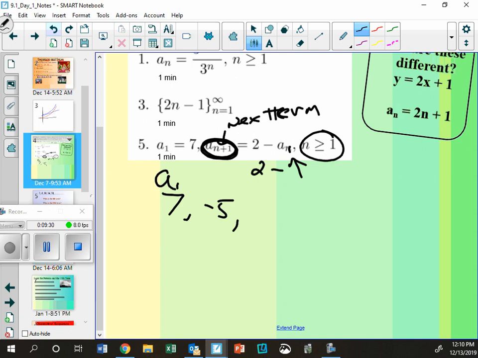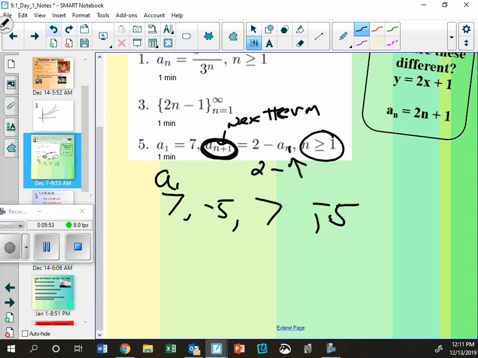If I do 2 minus -5, that's going to be 7. And then I'll have 7 here, and I'll go 2 minus the term before it, which would be -5. And you're right, it's just going to alternate back and forth between 7 and -5. I know, that's a tricky one.